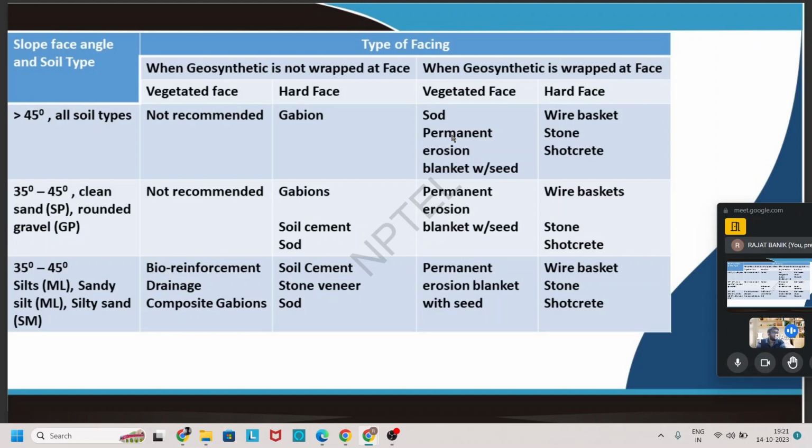For hard face we use soil cement, stone veneer, and riprap. And when the geosynthetic material is wrapped at the face, for vegetative face we use the permanent erosion blanket with seed, and for hard face we use wire basket, stone, and shotcrete.